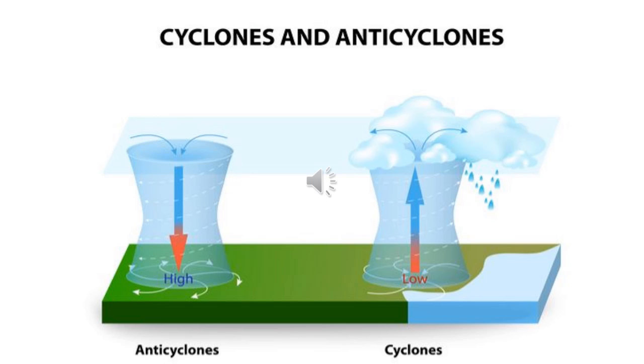Then the anticyclone. Anticyclones are the opposite of cyclones. Here an area of high pressure is found in the center, surrounded by low pressure on all sides. In a cyclone, it is low pressure at the center, with high pressure surrounding it. In an anticyclone, the wind from the high pressure region moves outwards to the low pressure region in a spiral form, but in a cyclone the wind moves inward.